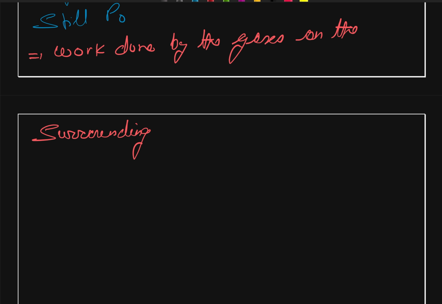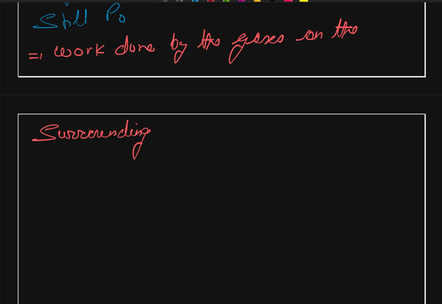So we can write that our P naught volume initial will be equal to our N1 R T1 plus N2 R T2, and we can also write that our P naught V final will be equal to our N1 plus N2 R times TF.